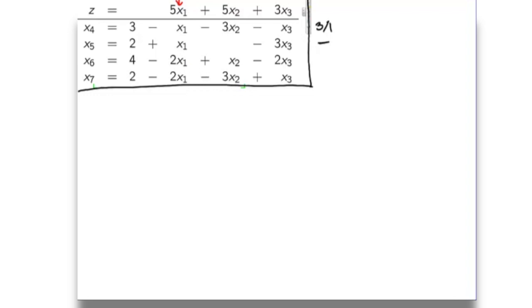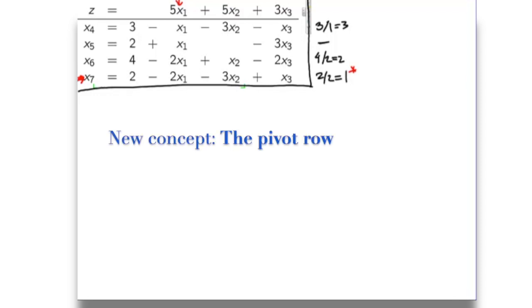The third constraint gave us the ratio of 4 to 2, which is 2. And the fourth constraint gave us 2 to 2, which is 1, right? So this is the smallest ratio we get, so this is the winning row for the ratio test, and we'll call it also the pivot row. All right, so we found the pivot row.